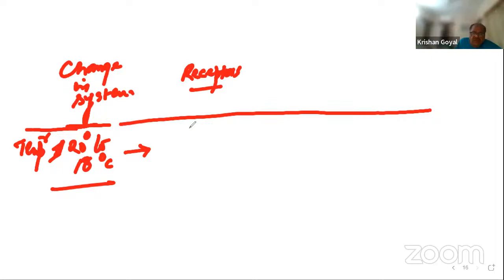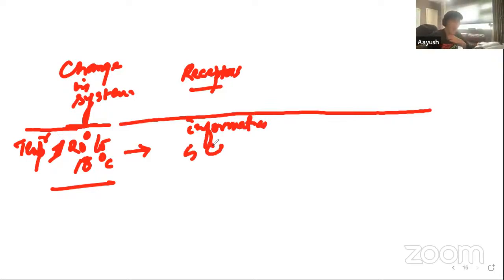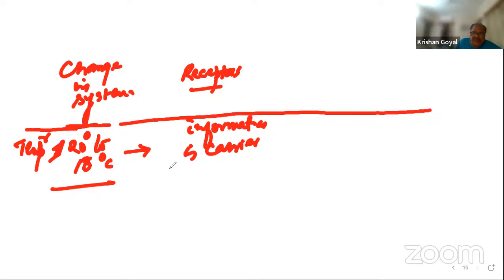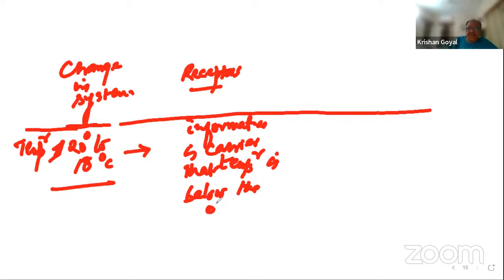Now information is carried that temperature is below the optimum point.